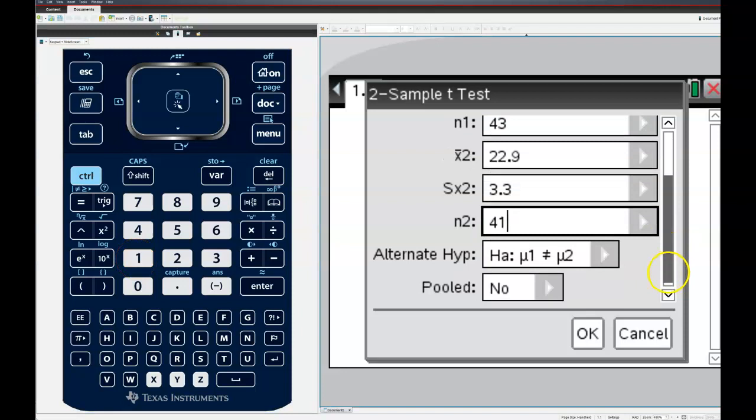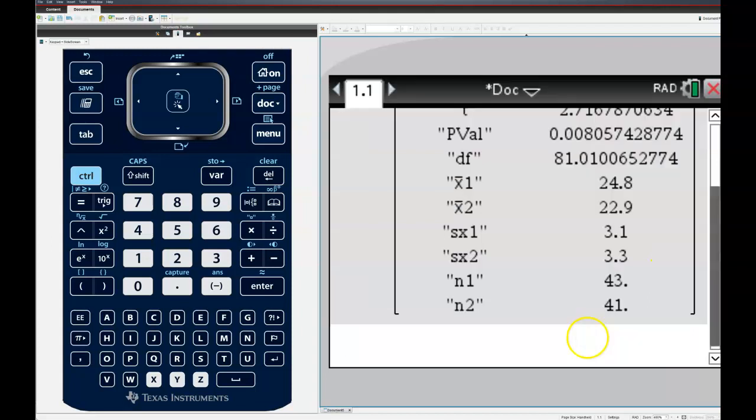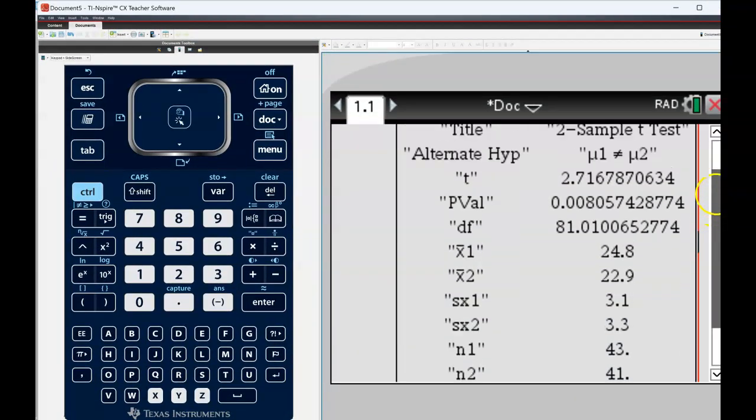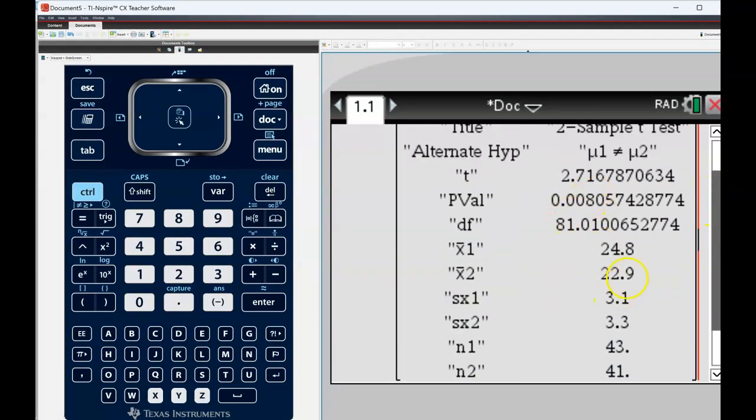Make sure to scroll down. In this case, the default is mu1 not equal to mu2, but you just have to be careful of that. And we don't pool. And so in this case, when I scroll up, and you should always check to make sure you entered the data correctly, I get a t-statistic of 2.7168, a p-value of 0.0081.